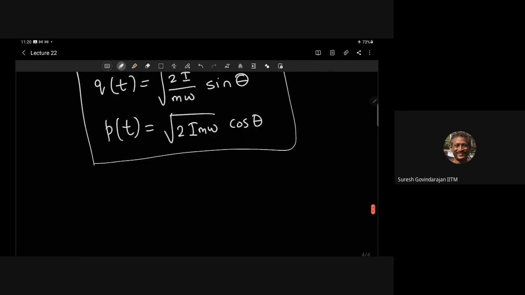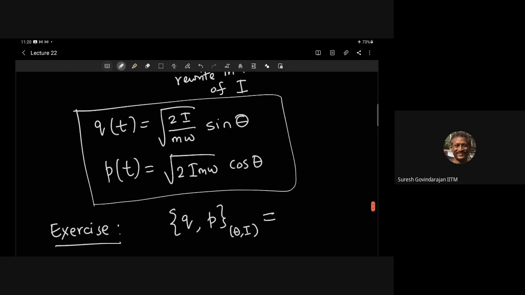Okay, so exercise. What should this be equal to? For some bracket of Q and P. So what we are doing here, looking at the right hand side, and now I don't even write T's here because I shouldn't put T's here, because it's just a change of variables.